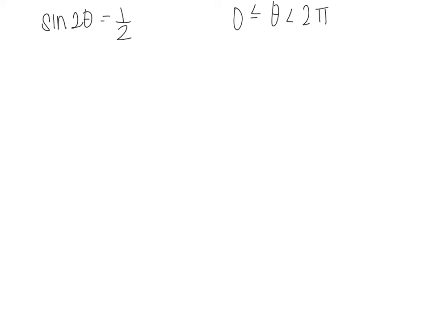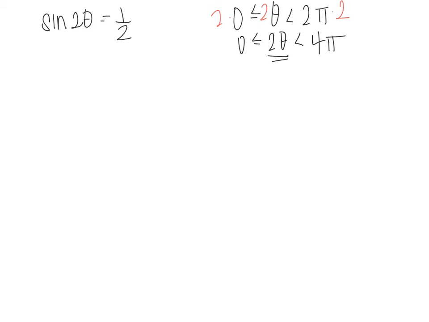So I'm actually going to build what's going to happen for 2 theta, and I'm going to multiply every part of this inequality by 2. And so what that means is 2 theta can live anywhere from 0 to 4 pi. And so I'm going to focus on 2 theta to start, and then I'm going to solve for theta.